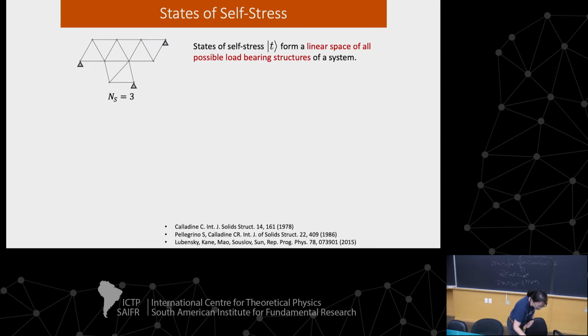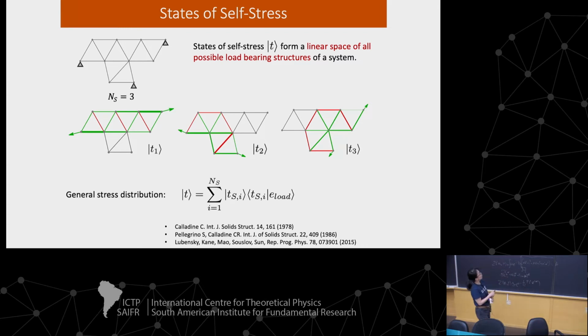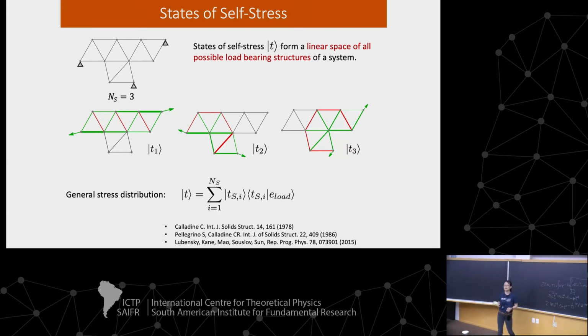The only new thing I would like to mention is this equation. For a system, one of the important uses of defining these states of self-stress is that you can use them as a linear space to map out all of the possible loads a system could carry.